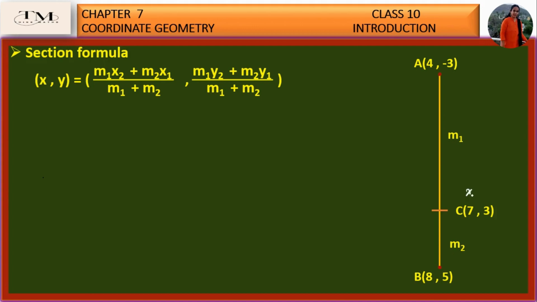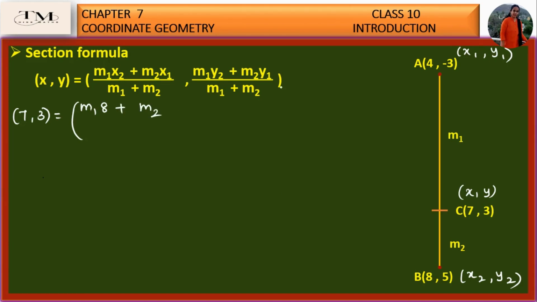So this is x comma y and this is x1 comma y1 and this is x2 comma y2. So x comma y is 7 comma 3 equal to, we don't know m1, so m1 x2 which is 8 plus, what is m2?